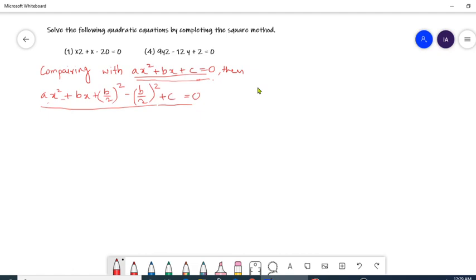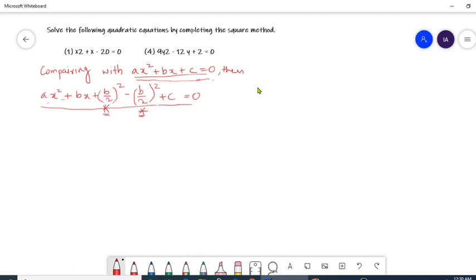The only difference you will find is (b by 2) whole square. So once we are adding this (b by 2) whole square and once we are subtracting (b by 2) whole square from the same equation, these two will not make any difference in the original value of the equation, because if you are adding and subtracting the same value from any equation, the equation will remain same.